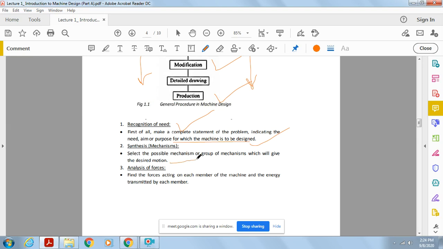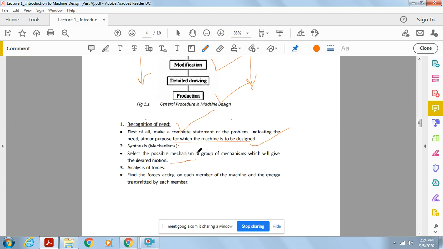What is that? Like in any automotive industry, there is an assembly line. When one component is finished, it passes through the next machine. When the machining in the second machine is completed, it comes to the third machine. All these machinings are in an assembly line.